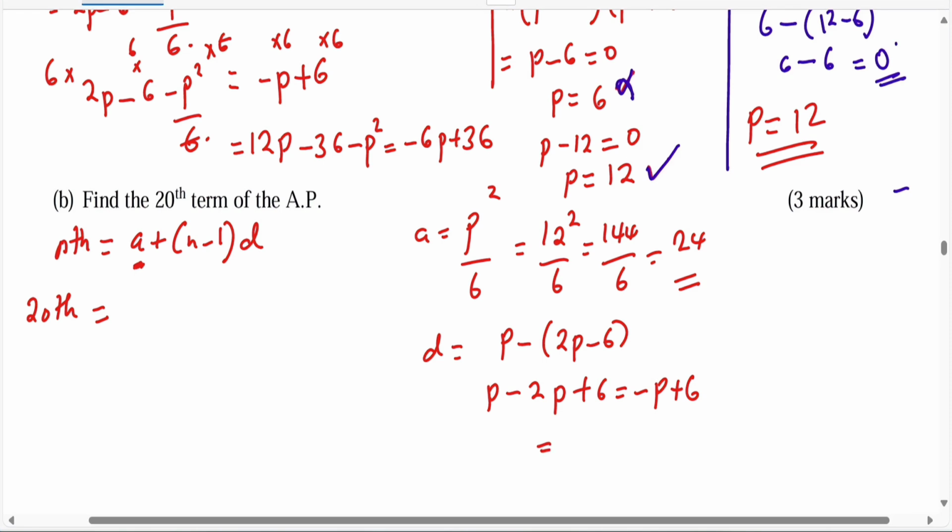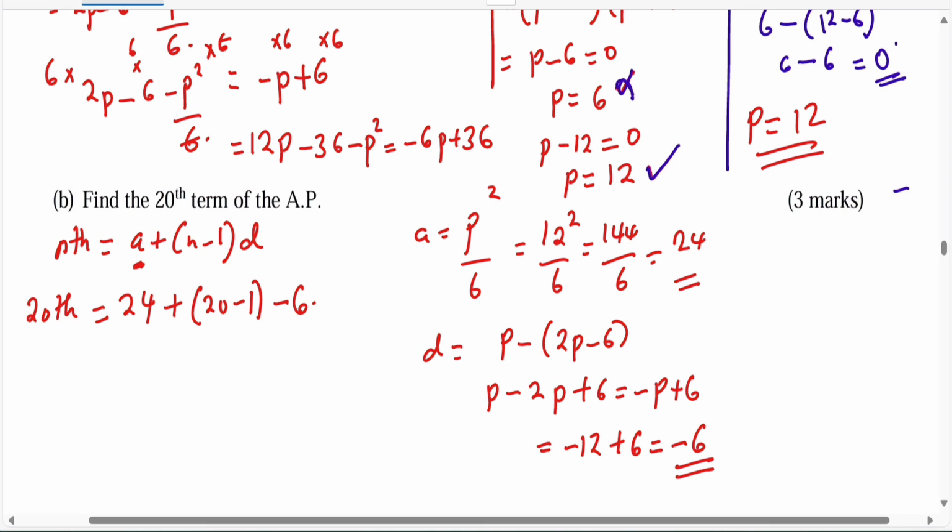So our p we know is 12. So it is negative 12 plus 6. And the common difference will be negative 6. So our common difference is negative 6, plus our a is 24. So let's substitute it in this formula. So a, 24, plus n, which is 20, minus 1 times your common difference of negative 6.